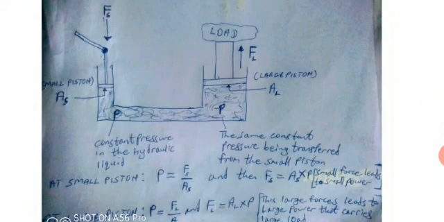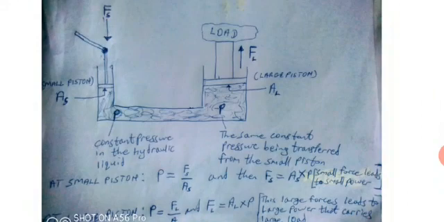The pressure is represented by the letter P. That is the constant pressure in the hydraulic liquid. The pressure is constant because it is the same pressure that is transferred to the other end of the hydraulic jack system. You can see when the pressure gets to the large piston, it still remains the same.